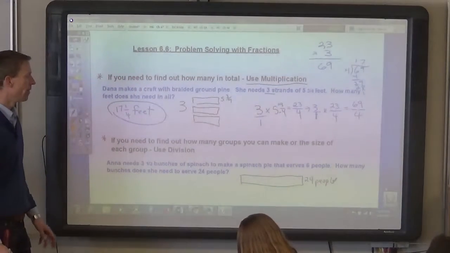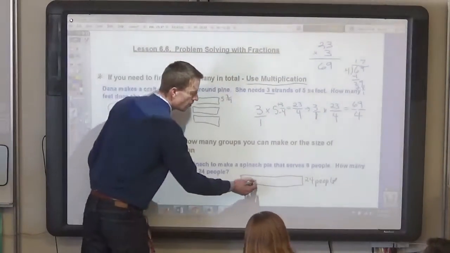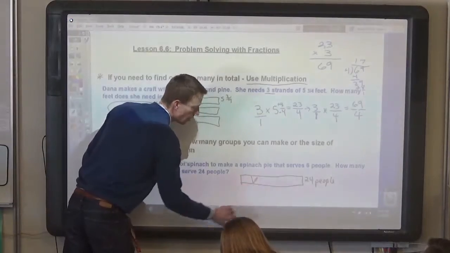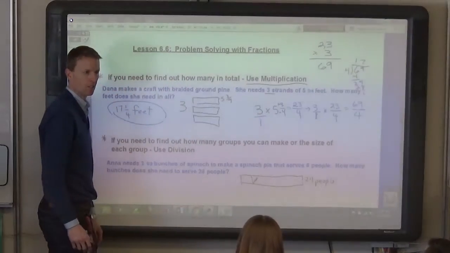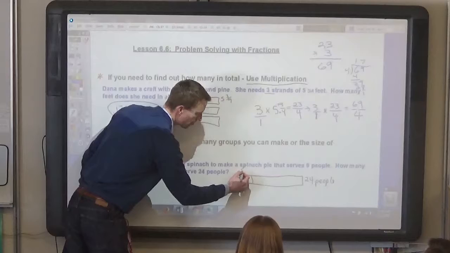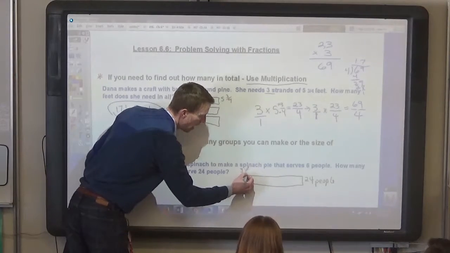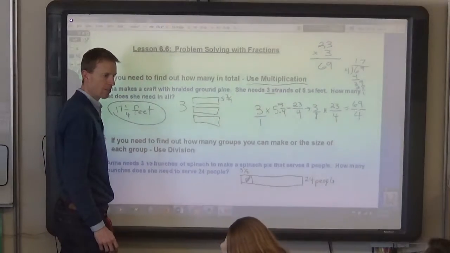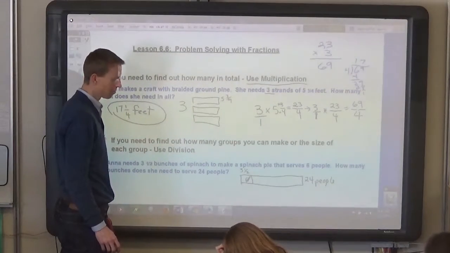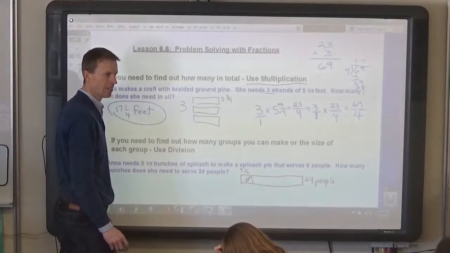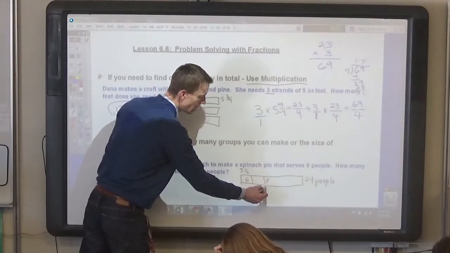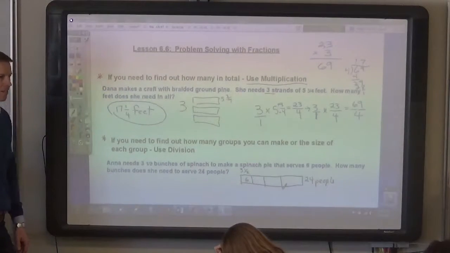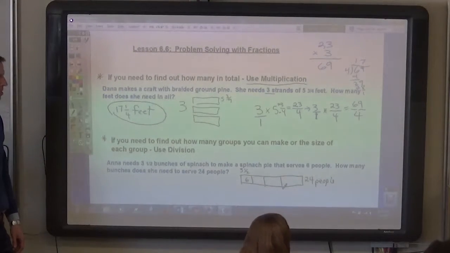And we're given that 3½ bunches equals 6 people. Right? And so, how many bunches are needed? 4 bunches.